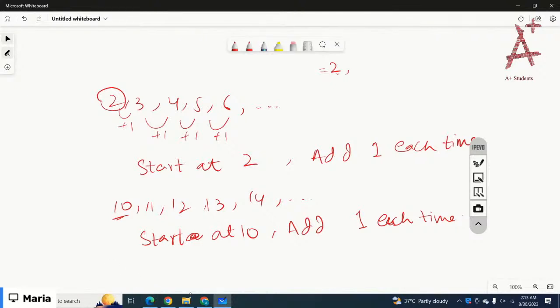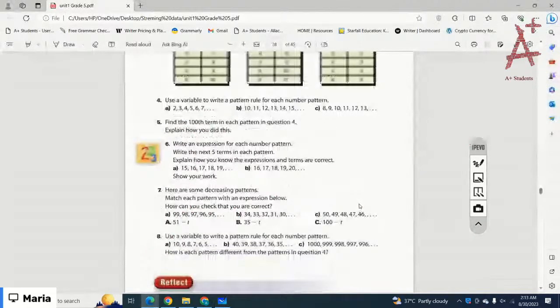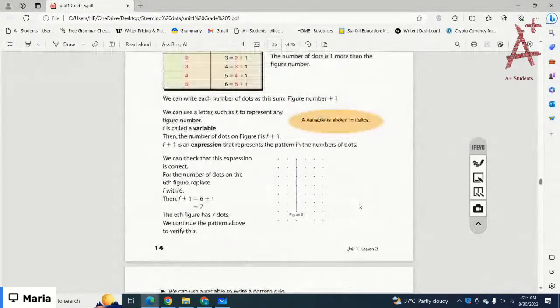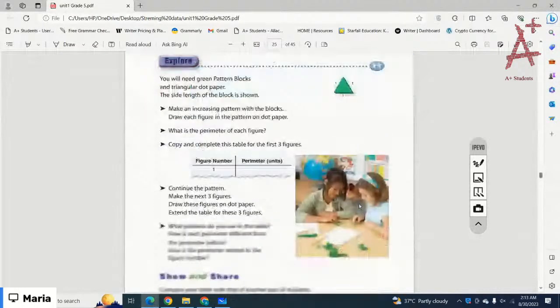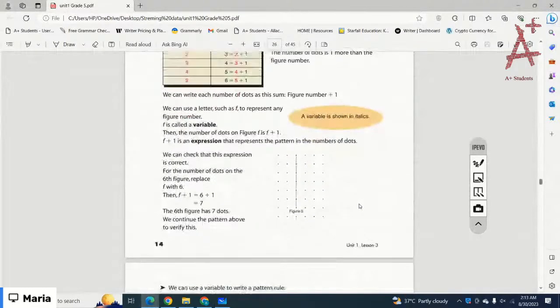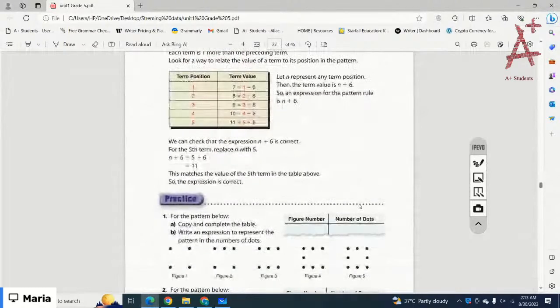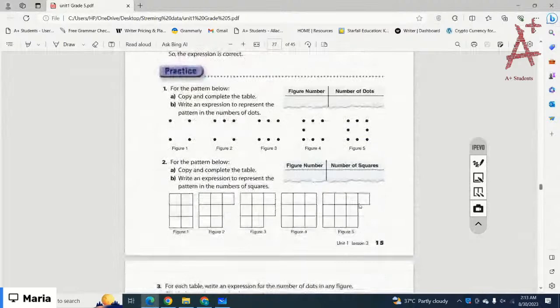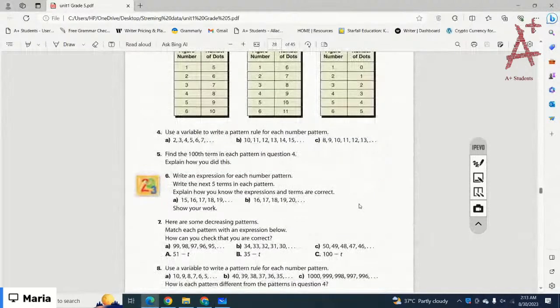I just don't want to confuse you. You have to calculate the 100th term.